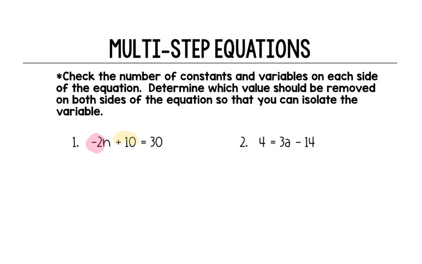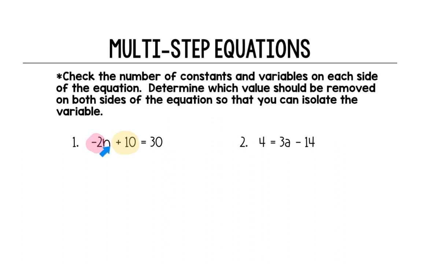We are also adding 10 to that variable. Our goal is to undo both of these operations so that we can isolate our variable and solve for what that variable is equal to.